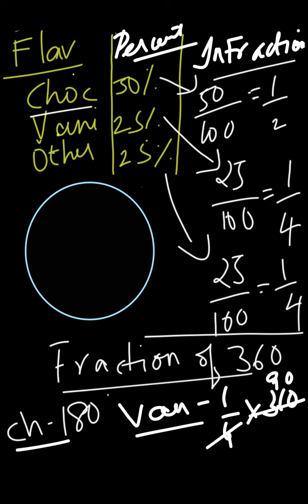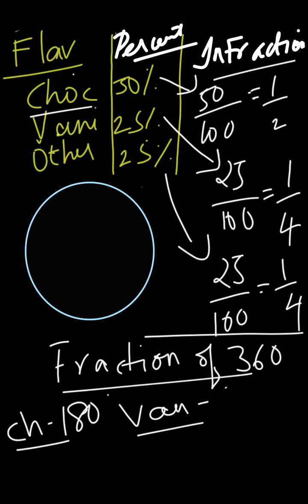So the answer is 90 degrees for vanilla. You have to write that separately next to it. And obviously for other flavors also it is going to be 90, because it's 1/4 only, right? 1/4 of 360 is 90. So vanilla 90 and others also 90 degrees.